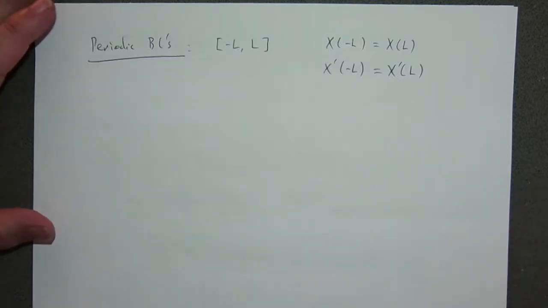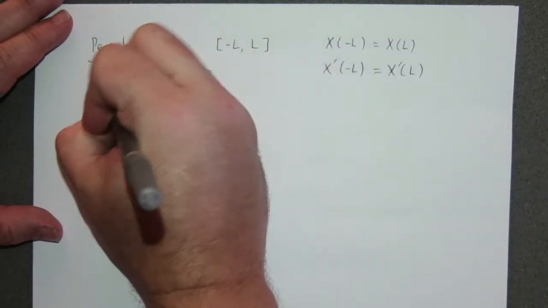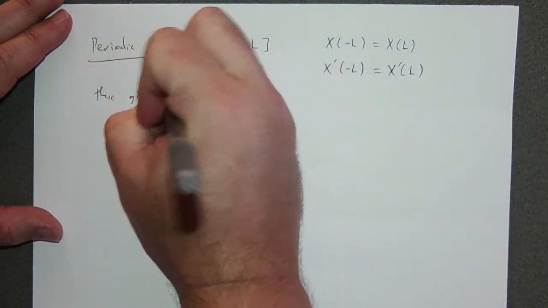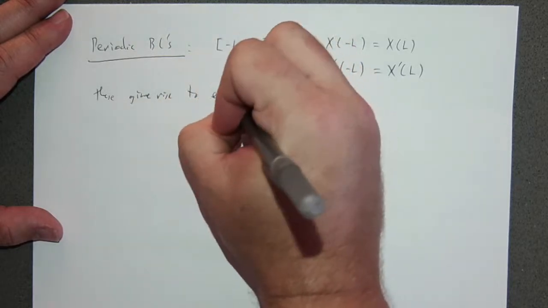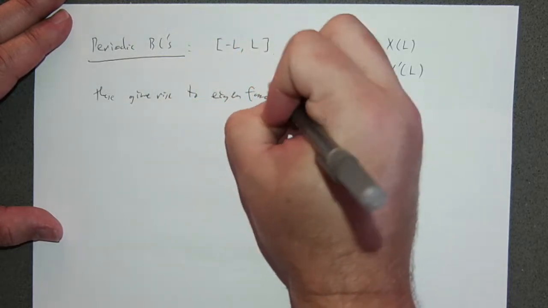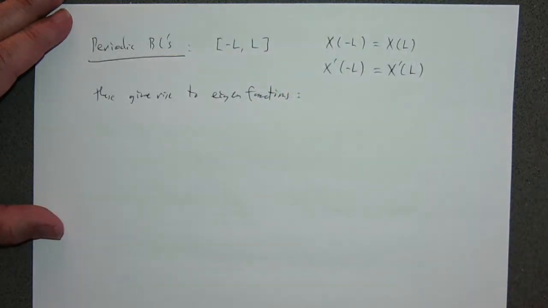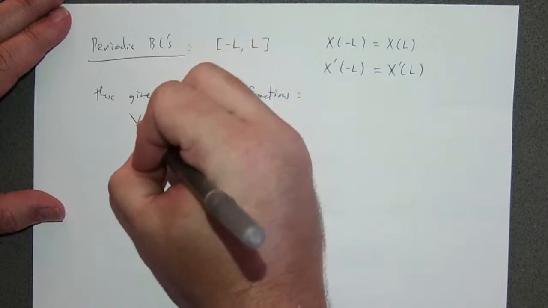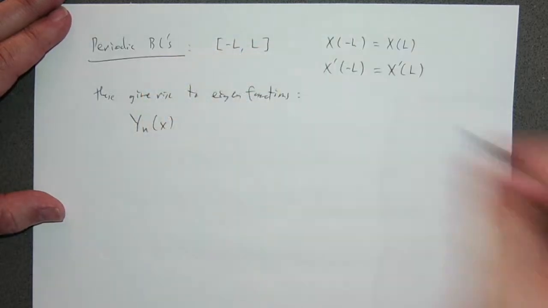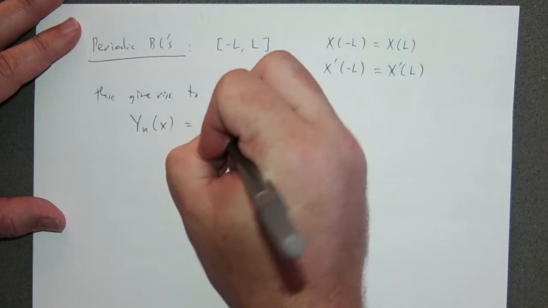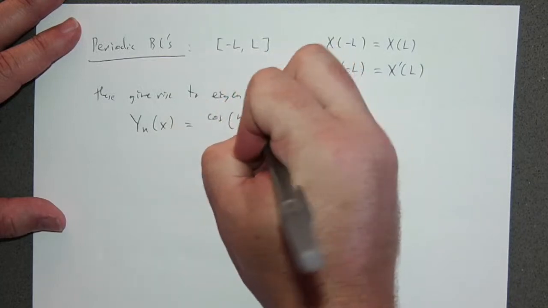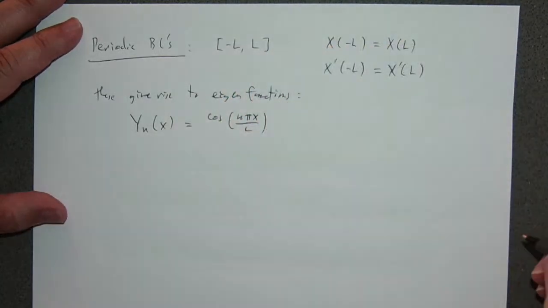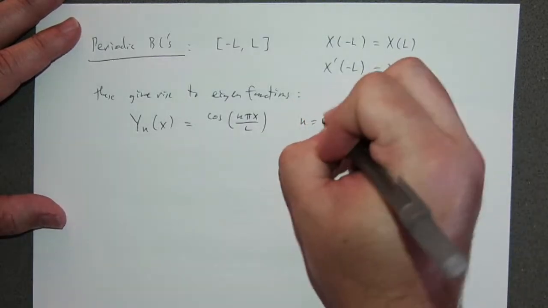These give rise to eigenfunctions. We actually get two distinct eigenfunctions associated to each eigenvalue. So instead of just x sub n, because that would be confusing, we'll call these y sub n of x. So this is cosine of n pi x over L, and those are indexed starting at 0.